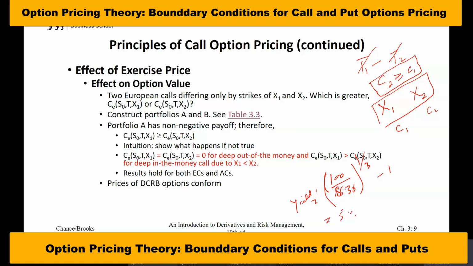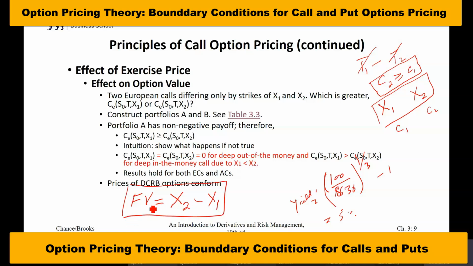Now here in the calculations I was talking about, what is happening is I am saying that the face value of the bond is equal to the difference between the exercise price of X2 and X1. Okay, so that is the face value.